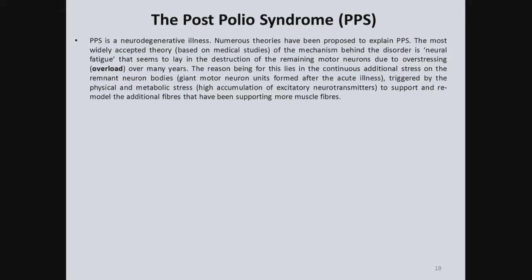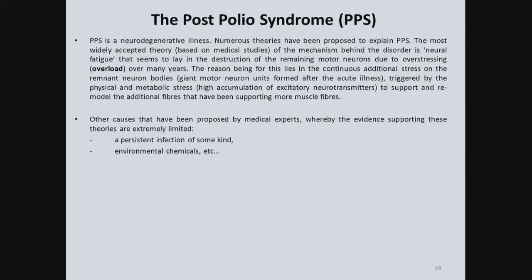The reason for this lies in the continuous additional stress on the remnant neuron bodies, giant motor neuron units formed after the acute illness, triggered by the physical and metabolic stress, high accumulation of excitatory neurotransmitters to support and remodel the additional fibers that have been supporting more muscle fibers.